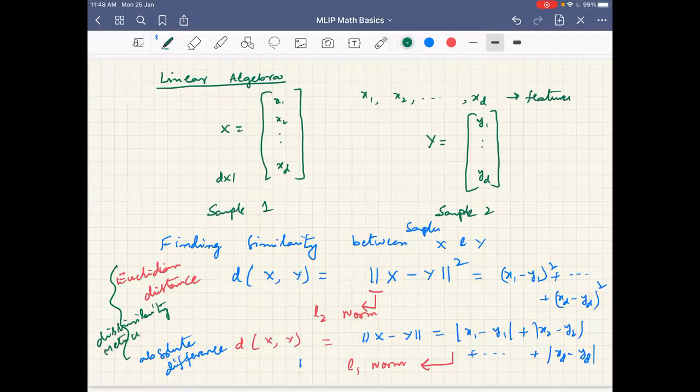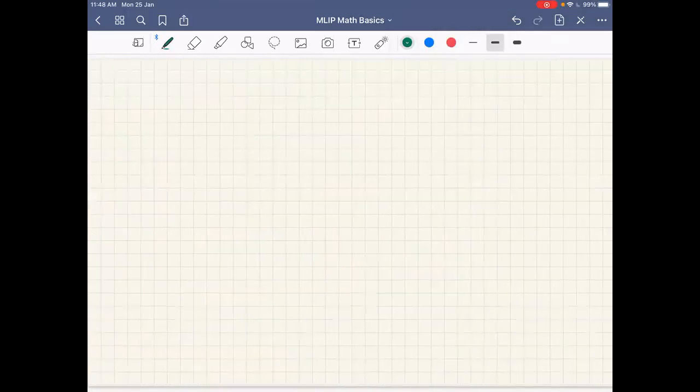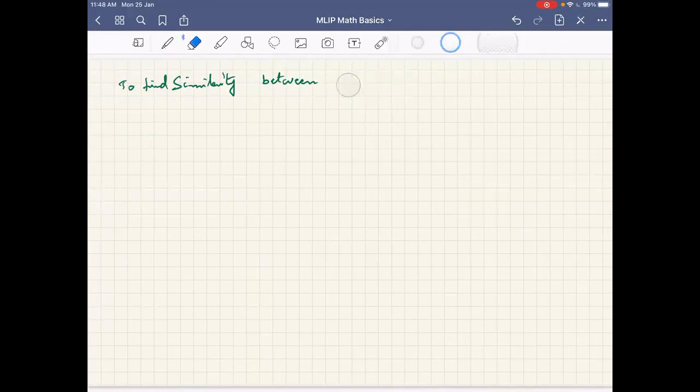Now, can some of you tell me what are the ways of a similarity metric? Hello? Dot products. Yeah. So the features are of samples.